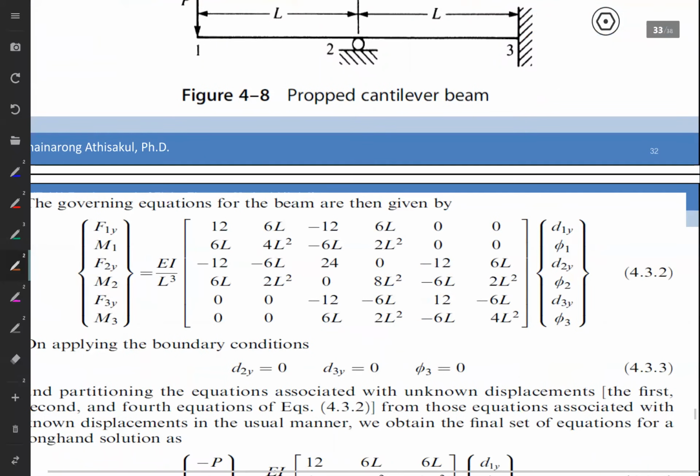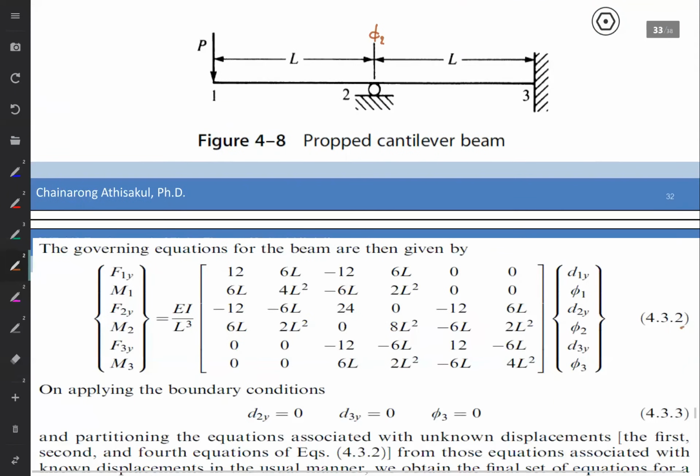The boundary conditions are applied at node number 2 and node number 3: d2y equal to 0, d3y equal to 0, and phi3 equal to 0.